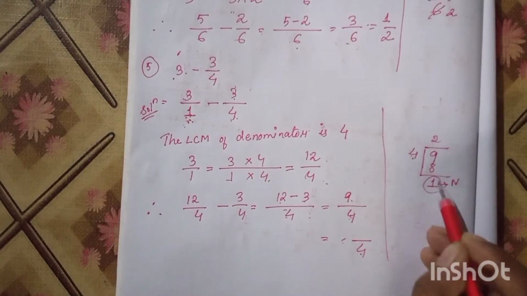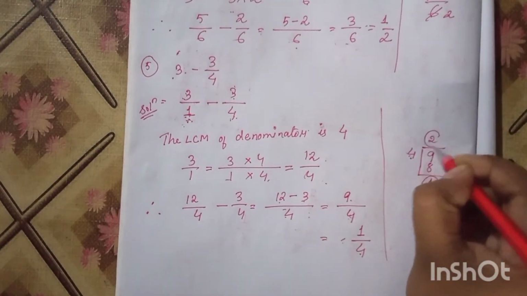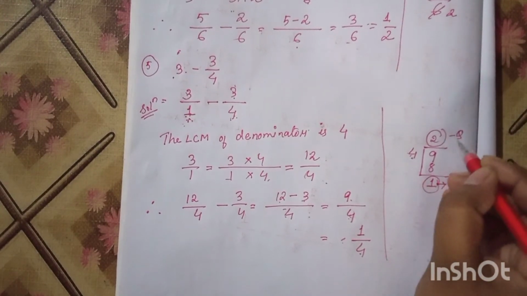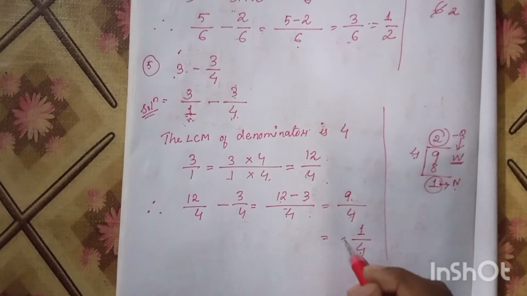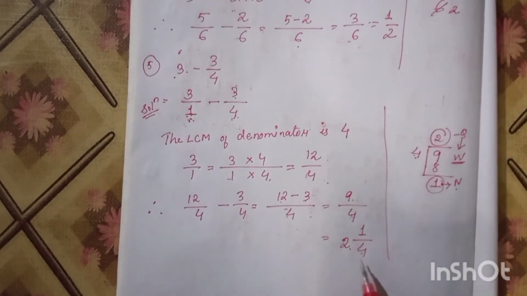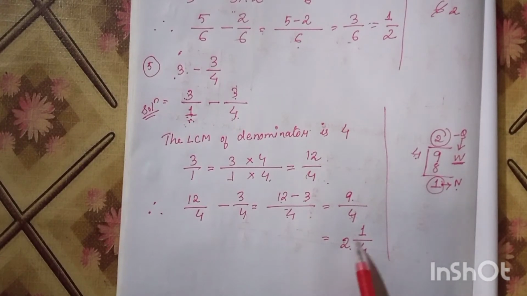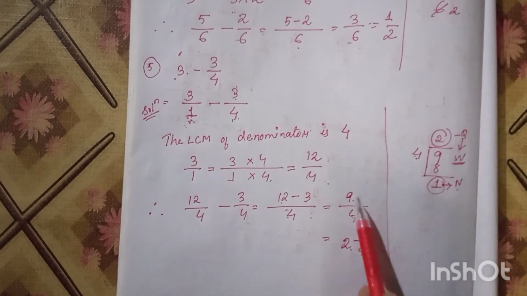This remainder becomes the new numerator, that is 1, and the quotient becomes the whole number, so it will come here. Now see, we multiply these two and add the numerator, so we will get 9. Let's see whether we get 9 or not. We know that 4 twos are 8, plus 1 is 9. Look, that means it is correct.